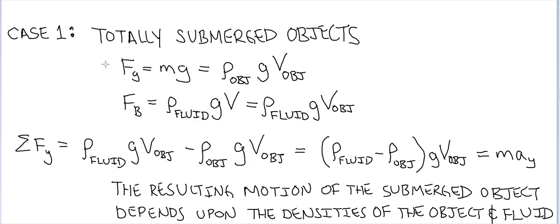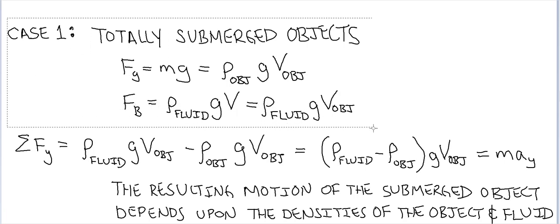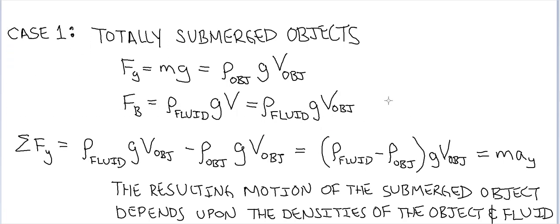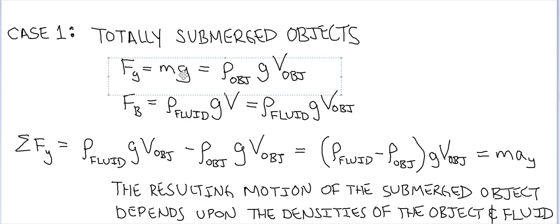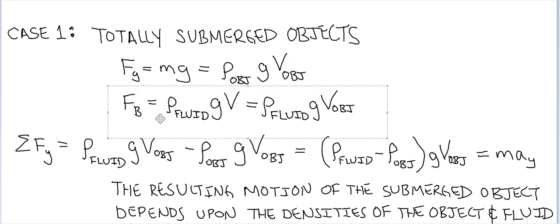Okay, let's think of our first case, totally submerged objects. In this case, it's again experiencing two forces. A gravitational force downwards, which is the average density of the object, times the volume of the object, times little g, and the buoyant force, which is equal to the density of the fluid times g times the same volume of the object.